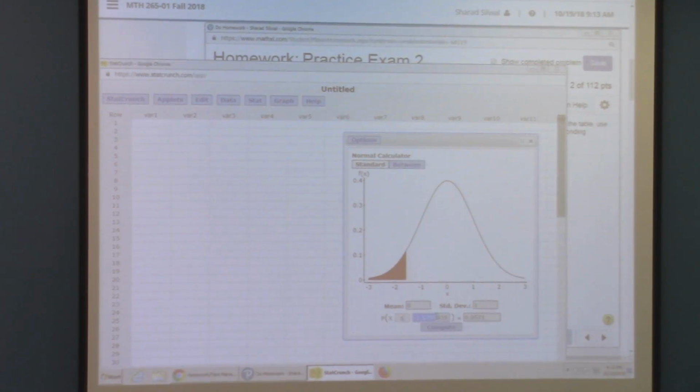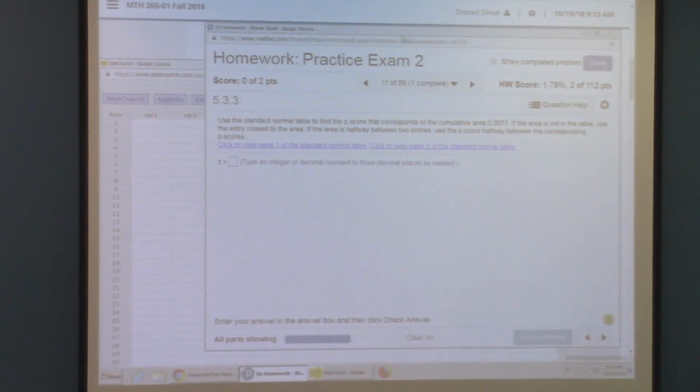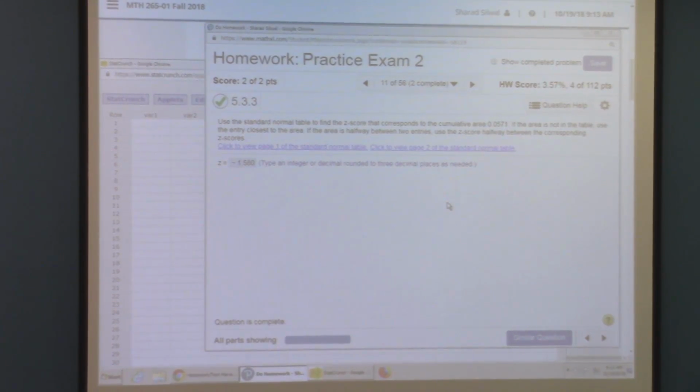So that's the score, and the score goes here, and round that to 3 decimal places, and it's going to be negative 1.580. See that? How easy it is?